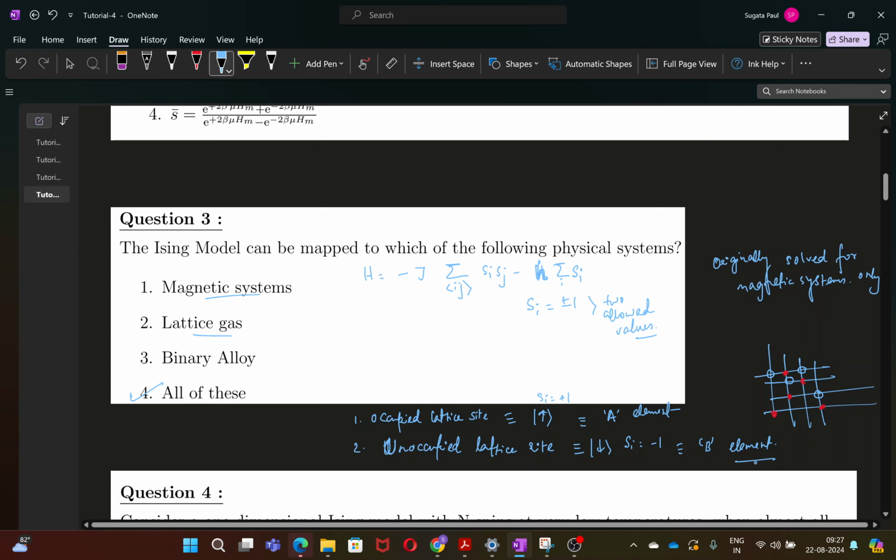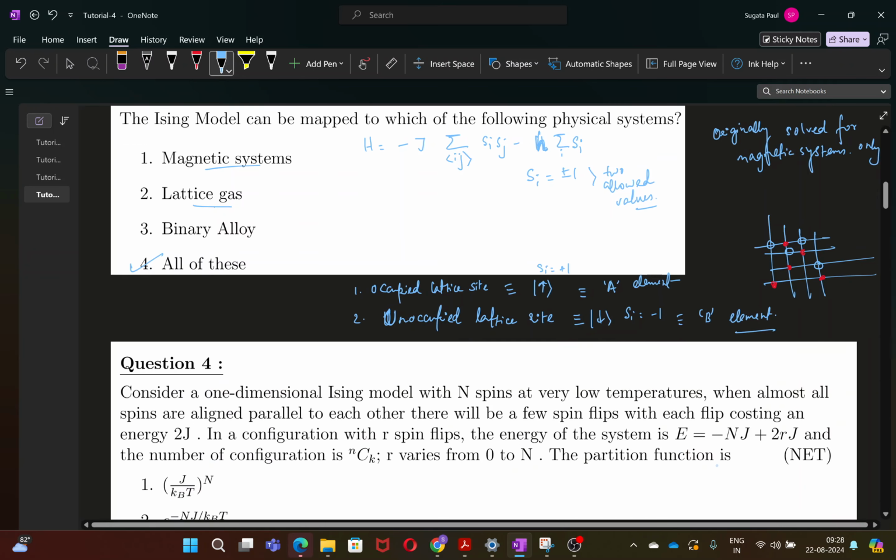So this is why, for lattice gas and binary alloy also, we find there are two possible states that the system can remain in, and these two states are taken to be analogous to the s_i equal to +1 and -1 states of the original Ising model applicable for magnetic systems. So the correct option is all of these: magnetic systems, lattice gas systems, and binary alloy, all of them are suitable such that the Ising model can be mapped to the systems to explain their physical properties. Okay, so this is question number 3 that is being answered.